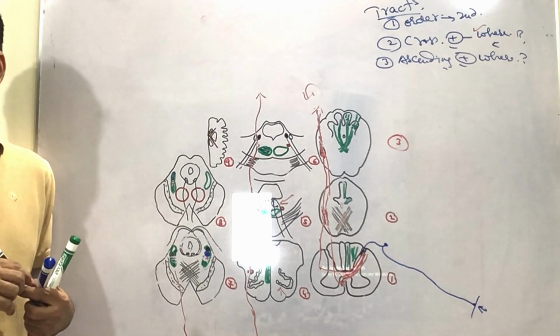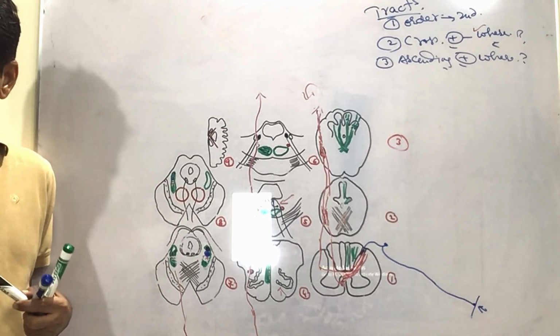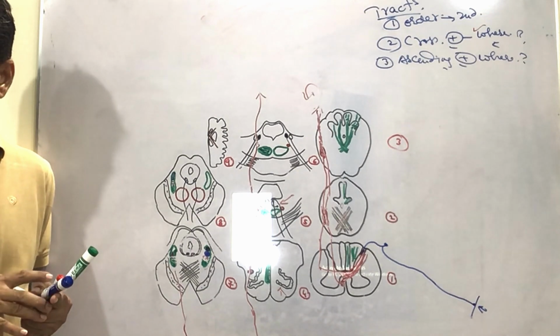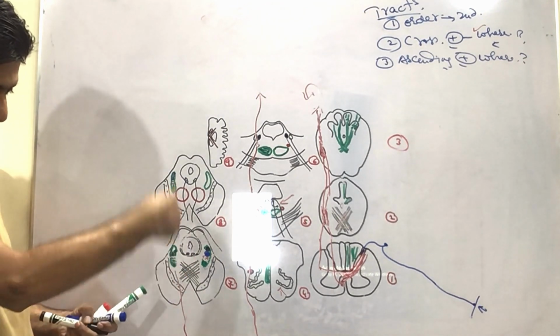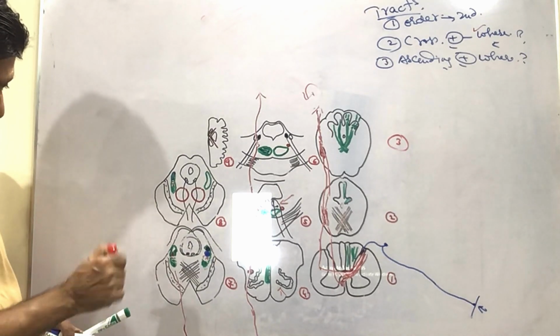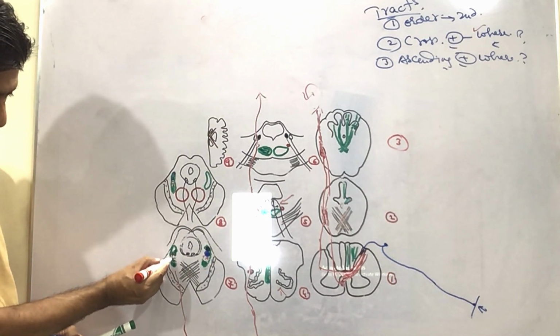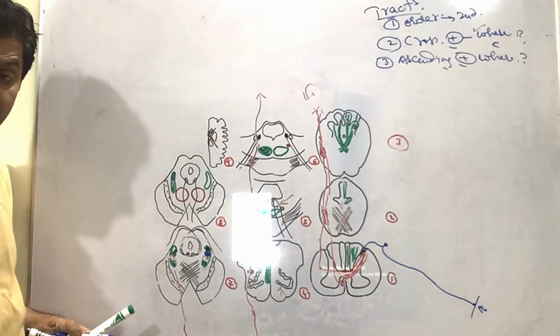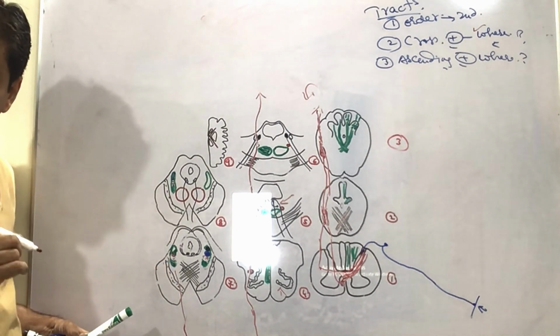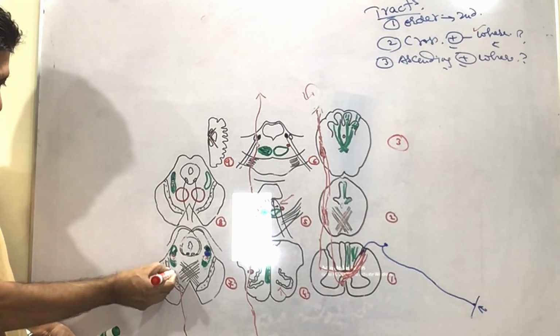These are the 4 tracks, all 4 lemnisci. You get my point? Which one am I showing you here in this diagram? The red one. Which 1/4? The second 1/4. This will be running now here.